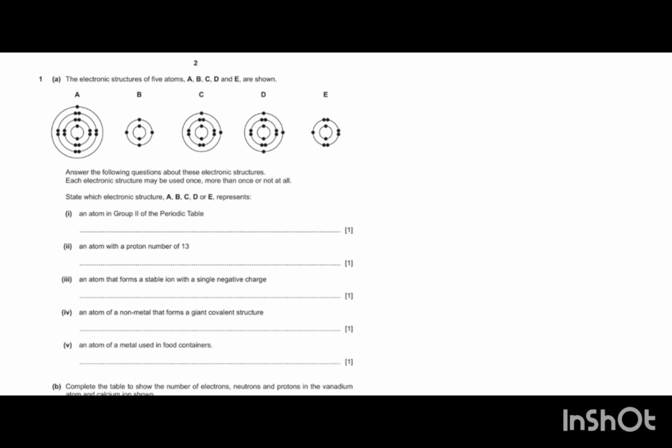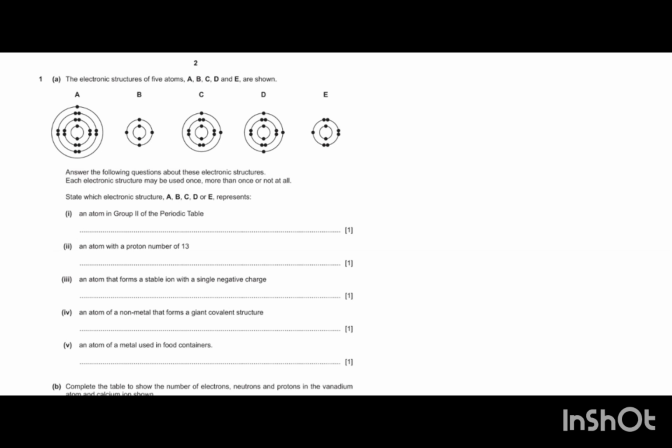Answer the following questions about these electronic structures. Each electronic structure may be used once, more than once, or not at all. State which electronic structure A, B, C, D, or E represents. Now we have to state what this electronic structure A, B, C, D, or E represents.